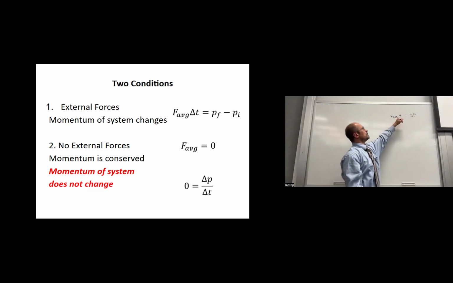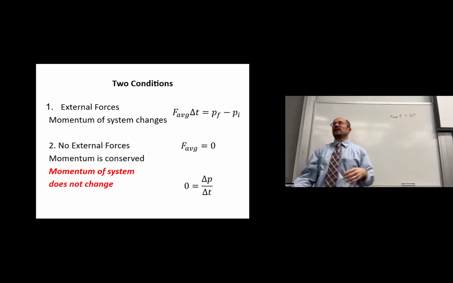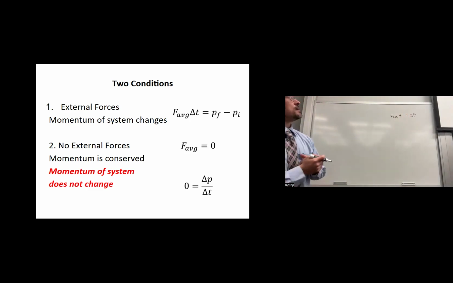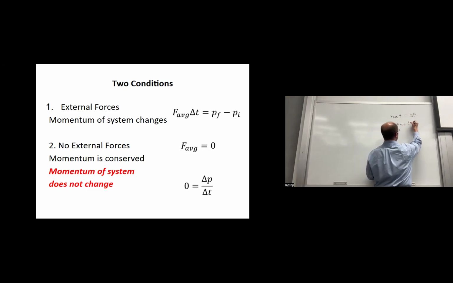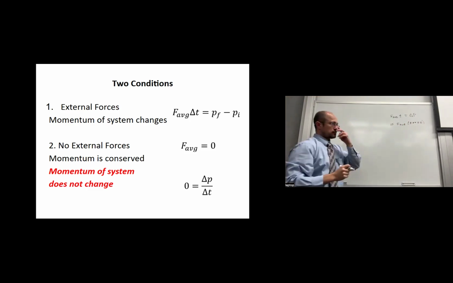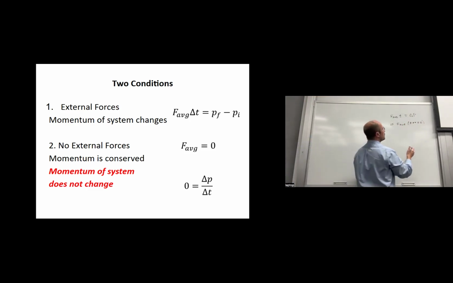So you apply an external force over some time, you change the momentum of the object. Now what we want to say next is, if F average for the external force is equal to 0, then what we realize is that 0 equals delta P, right? That means there's no change in the momentum.